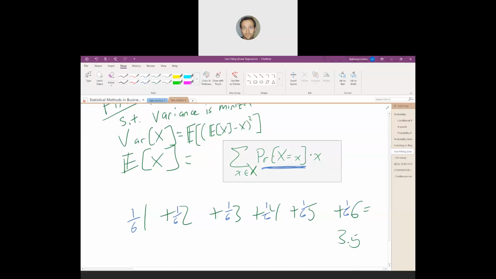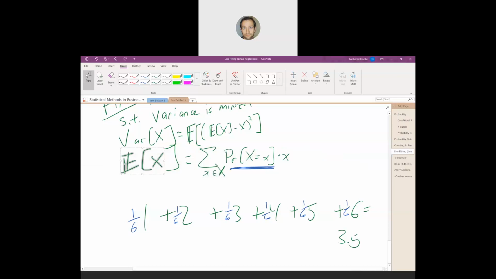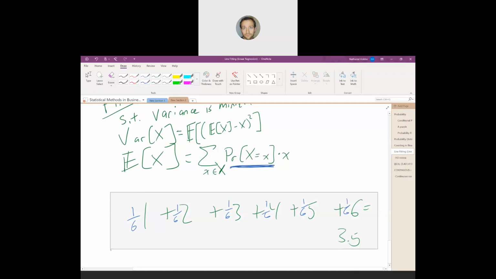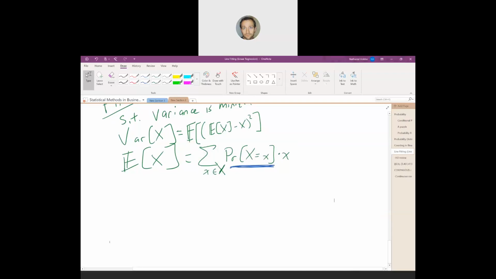So let's take this e to the x, and we'll start replacing it here. With this e to the x, we'll replace it with this, and then with this outer e, we'll also replace it with this. And let's see what we get. So this implies that the variance of x is equal to the sum of x and x, probability x equals x.